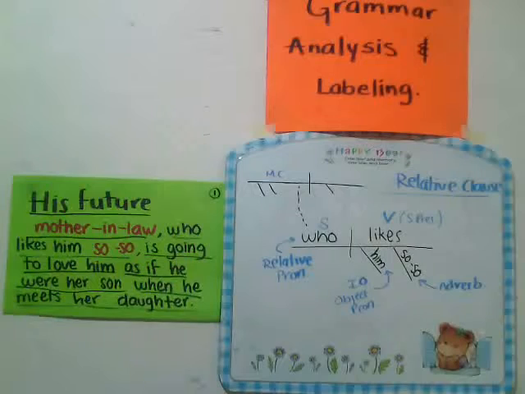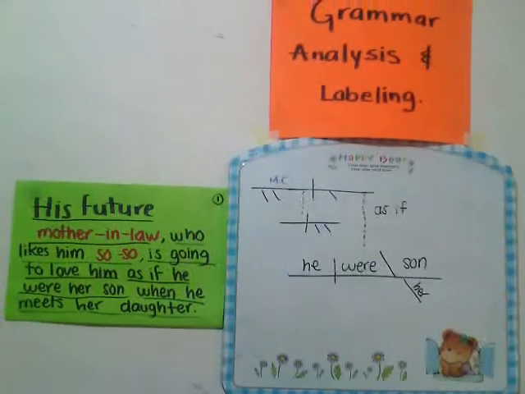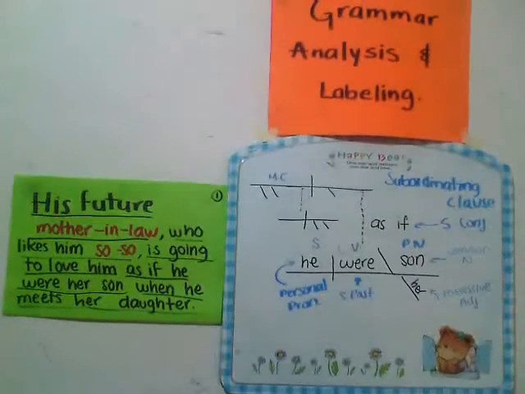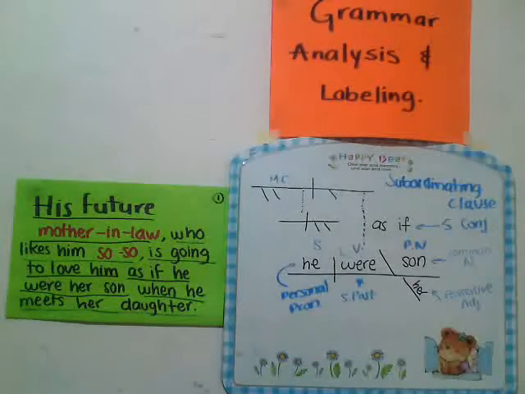The other part of the sentence is as if he were her son. This part of the sentence goes under the verb in the main clause. It's a subordinating clause because it begins with a subordinating conjunction. Then in the diagram we start with he, that is the subject and it is a personal pronoun.